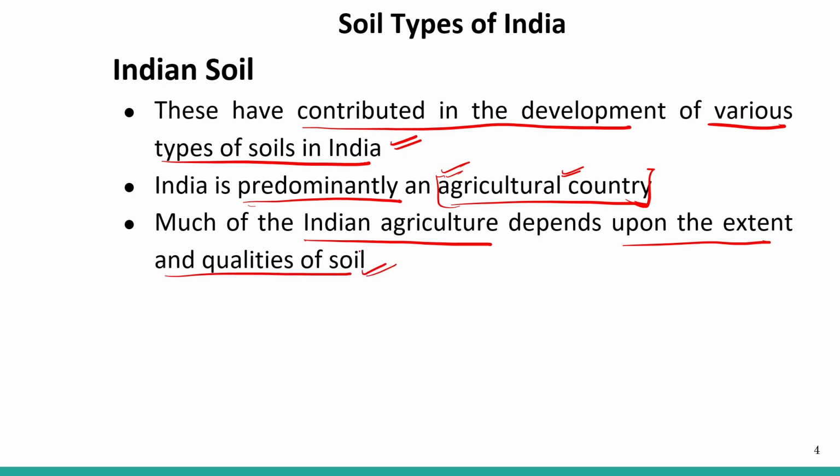We have such extended agriculture because we have very good quality of soil and different types of soil, so that we can grow different types of crops. We have so many varieties of crops in our country because of the type and good quality of soil.